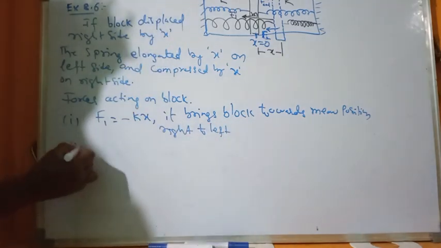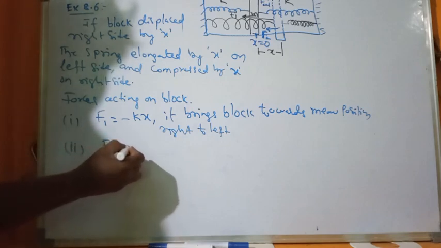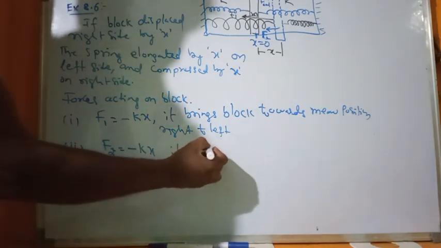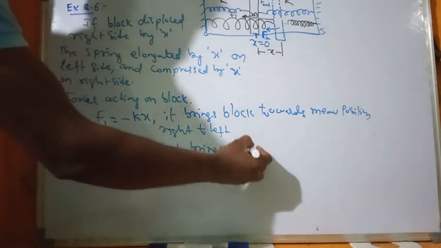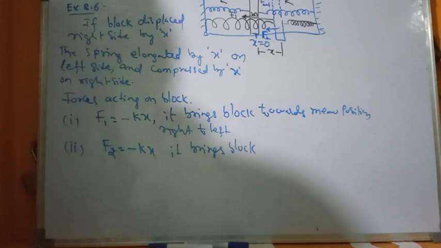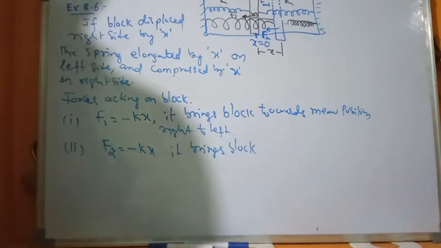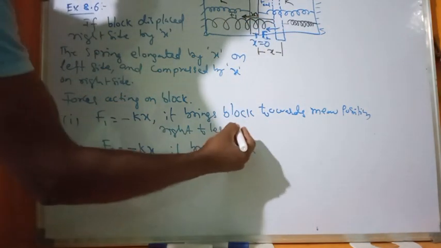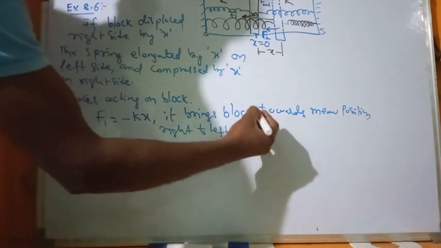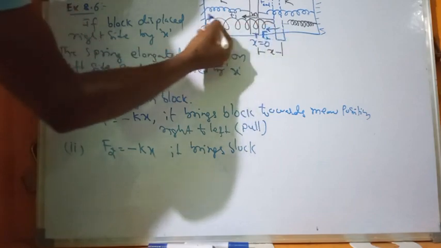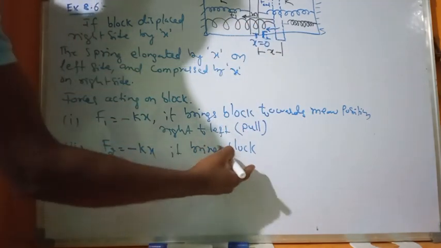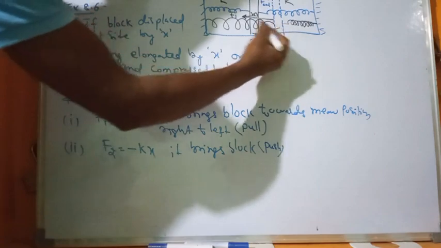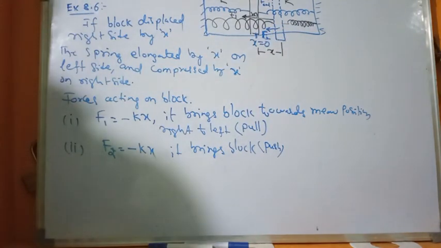And the second restoring force, F2, is also equal to minus kx, and it brings the block towards the mean position from the right. So here F1 is pulling the block, and F2, this spring, is pushing the block towards the mean position.